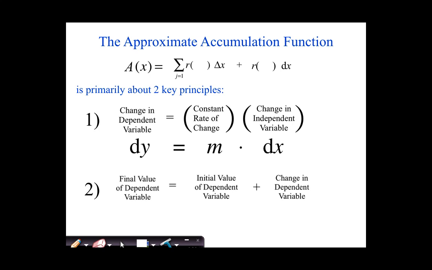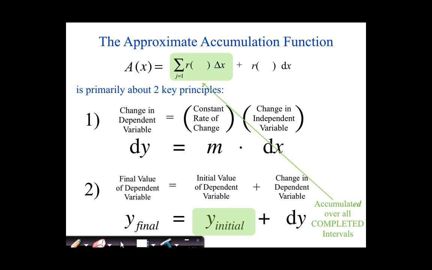And for any value of x, I consider stuff that happened in full intervals, I can think of that as done. That's already done. I used all these rates for a while. I know exactly how long I used them for, but that's in the past. Right now, I'm in this one interval. X is still changing.